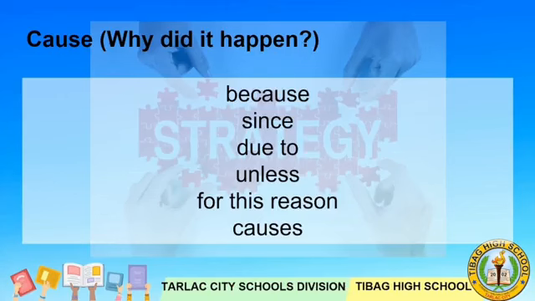These are the signal words that signify the cause in the sentence. We have because, since, due to, unless, for this reason, and causes. If we have encountered these signal words, it means that phrase or sentence is the cause in the given sentence.